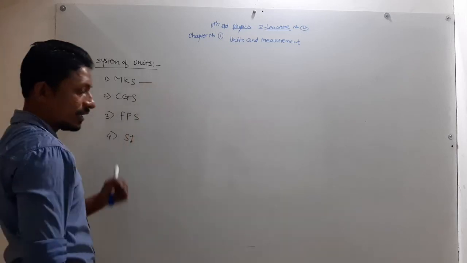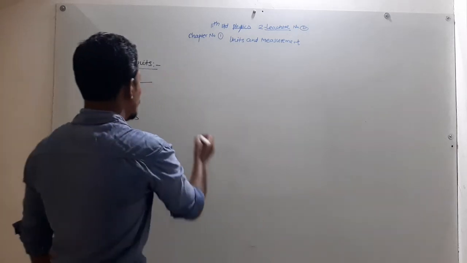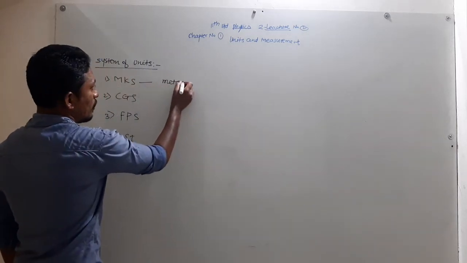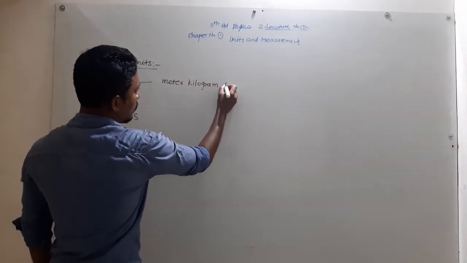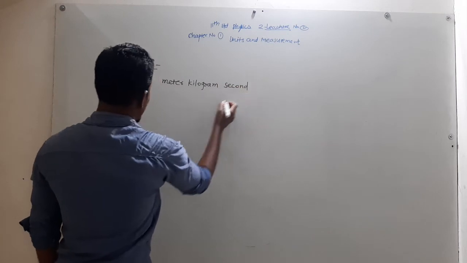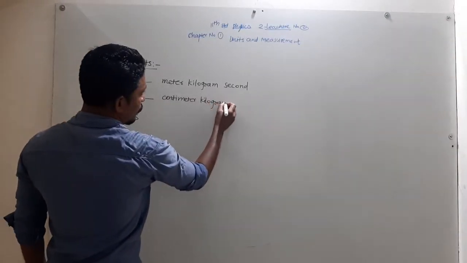The long form of the MKS system is meter, kilogram, second. CGS is centimeter, gram, second.